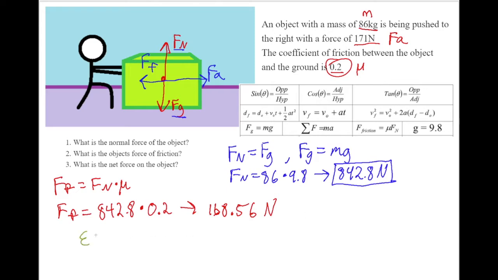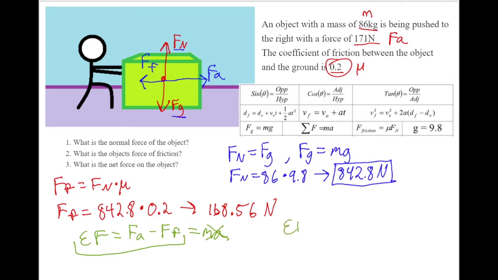And then our last part says, what is the net force acting on this object? Well, net force, we know, is equal to the forces that point to the right, so force applied, minus the forces that point to the left, force friction. Or it's also equal to mass times acceleration. We know the mass in this problem, but we don't know the acceleration, so we can't use this part. So we're going to go ahead and use this to solve for the net force.